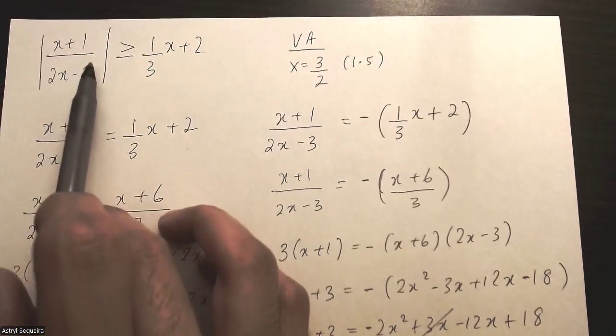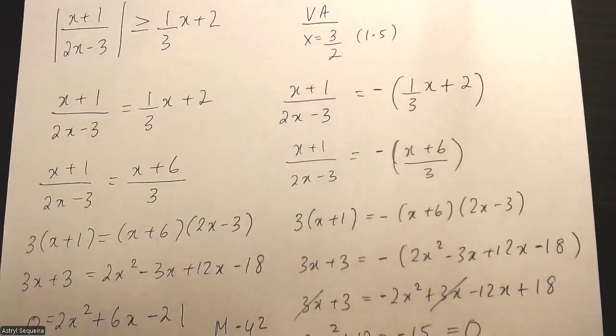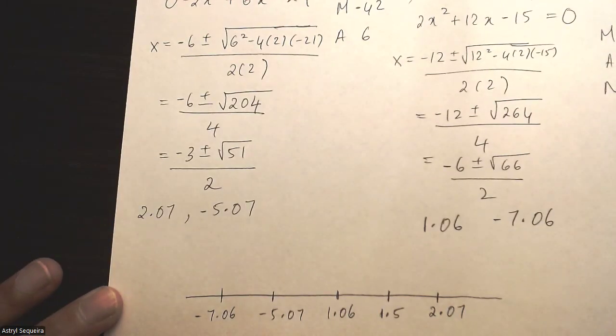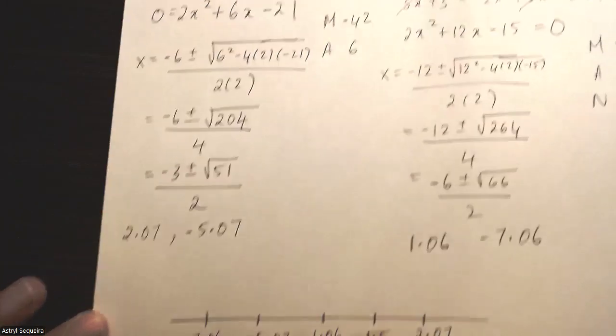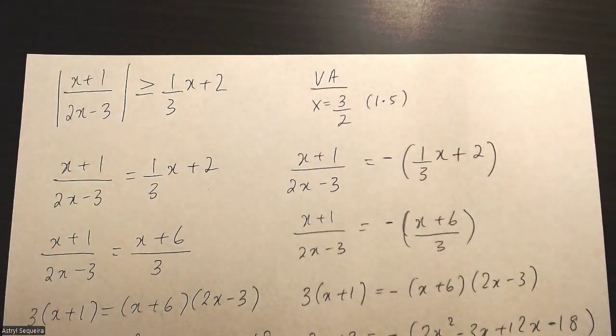true or false. So let me sub in a negative 8 into the left side over here. I get 0.37 on this side here if I sub it in. So 0.37, is that greater than or equal to, if I sub in negative 8 over here, let's see what I get.